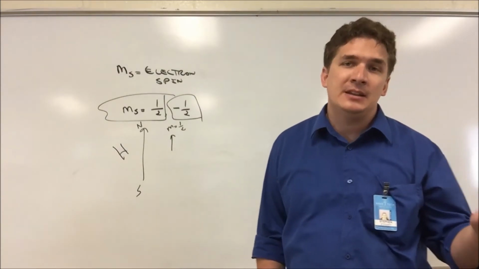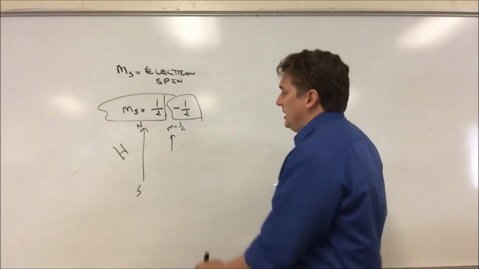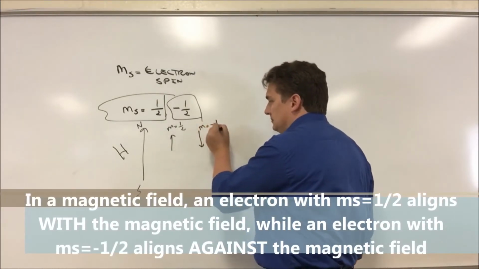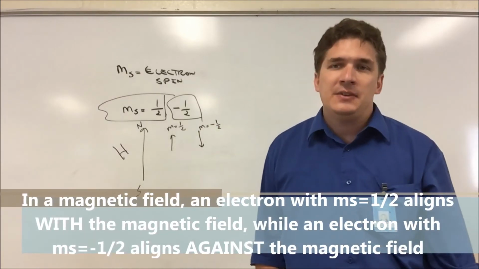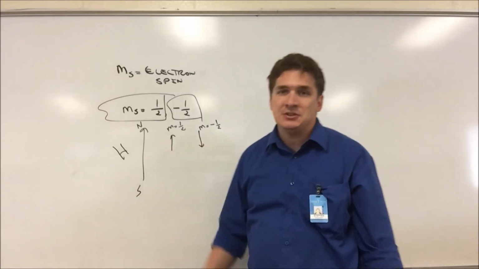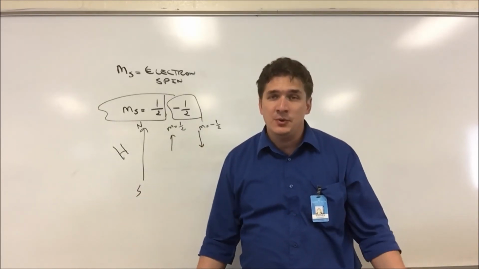So if we apply a magnetic field, this electron is going to turn up and it's going to align perfectly with it. If we have a spin -1/2, it's actually opposing it. So anything defined with a spin -1/2 opposes a magnetic field because it has to spin the opposite direction of its partner electron.